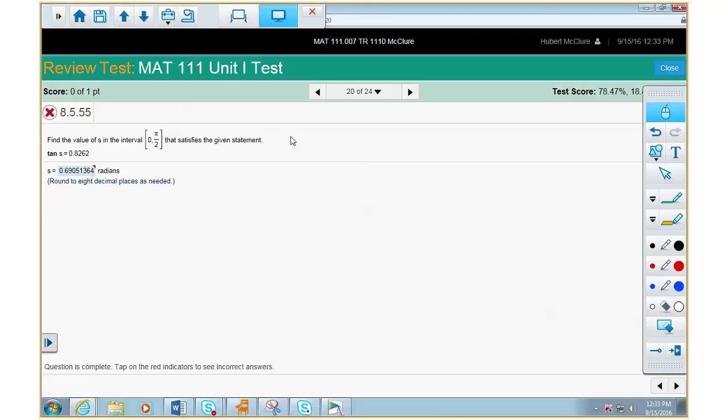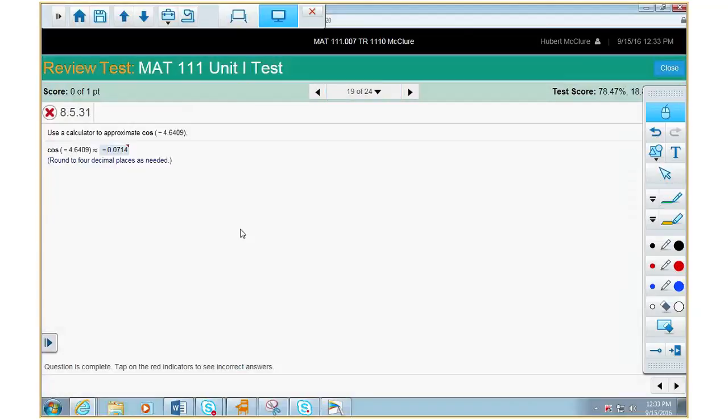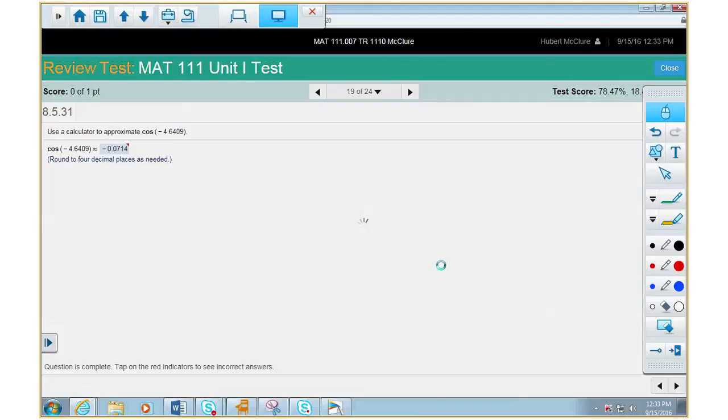Yeah, we only put 0.6. We did that right. We didn't read. Well, that's 20. What's 9? I bet all of them are rounding issues. Yep, same. I thought y'all gave me 4 decimal places. That's 20. That's 19.